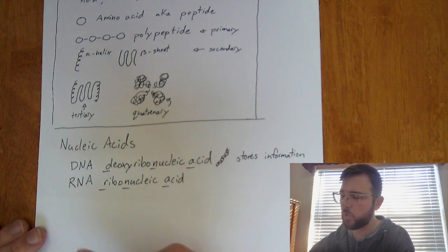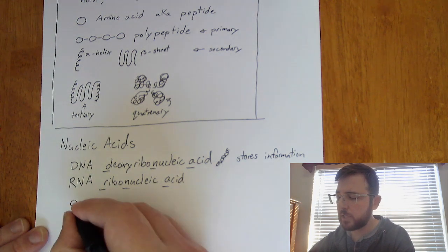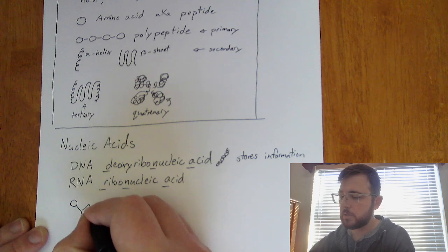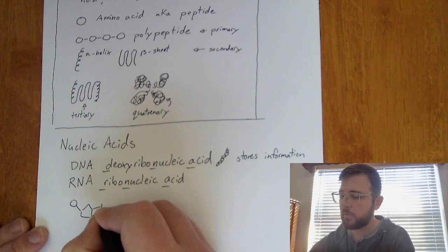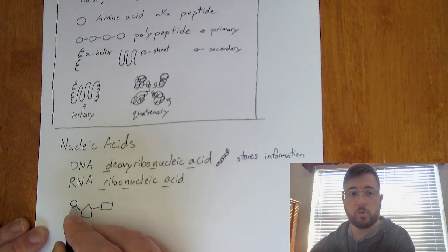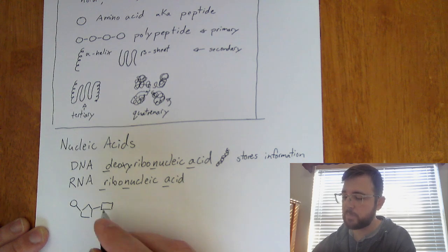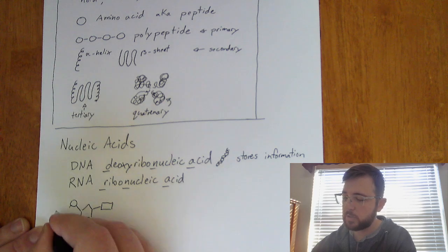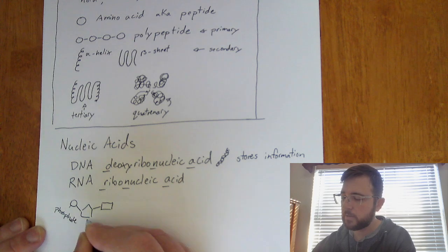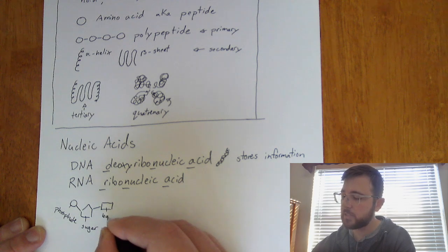If we have just one, they kind of look like this. They have a phosphate group, a sugar group, and a nitrogenous base. We'll go ahead and label those. Phosphate, sugar, and base.